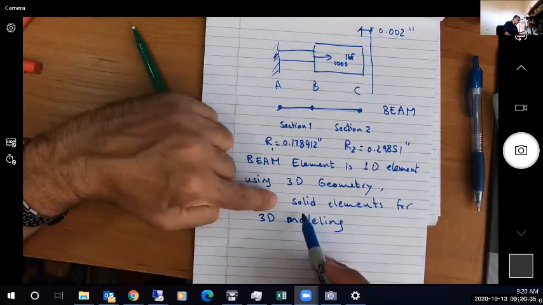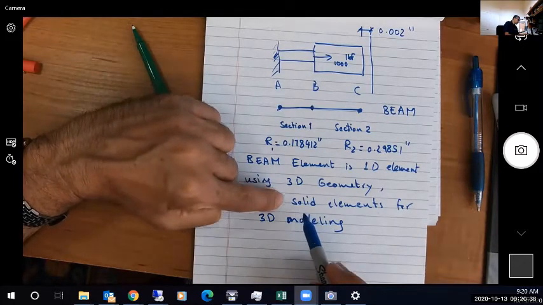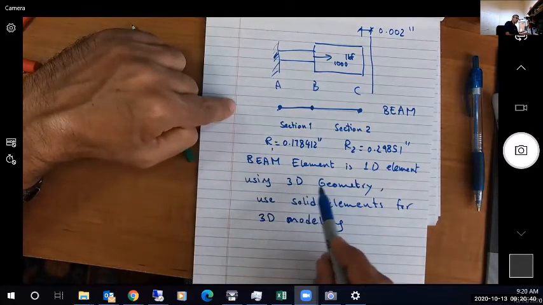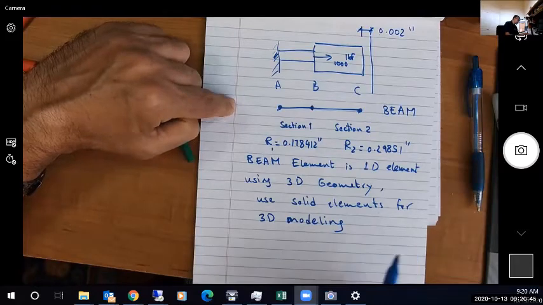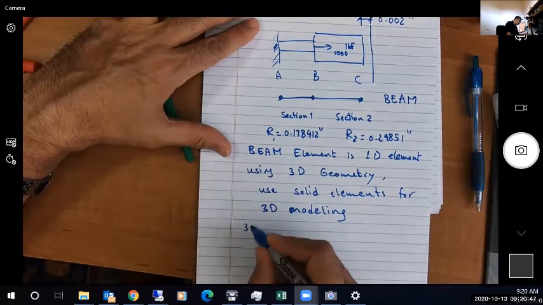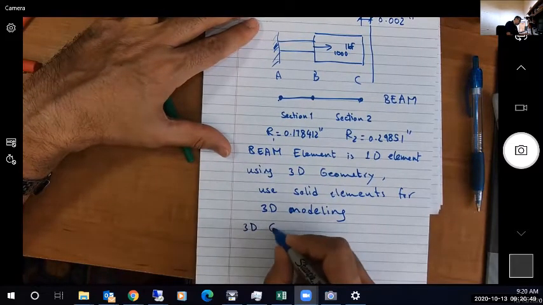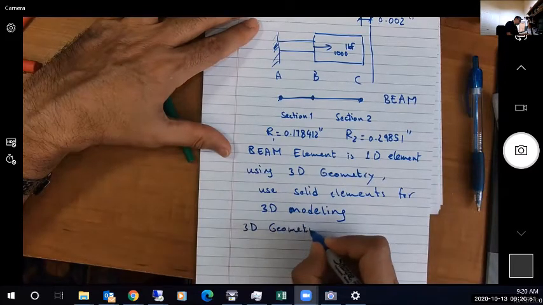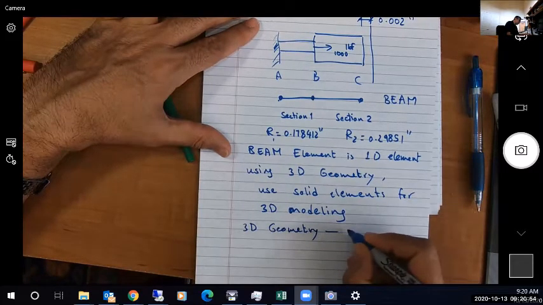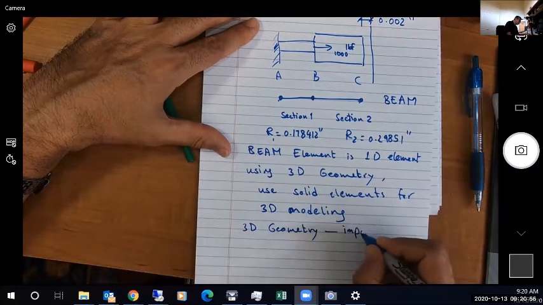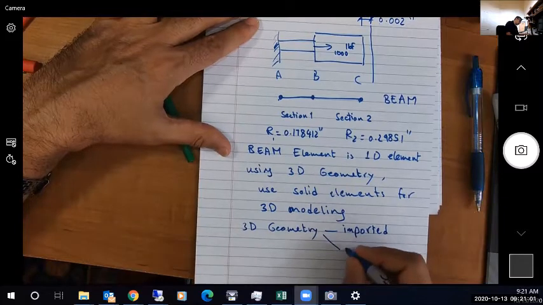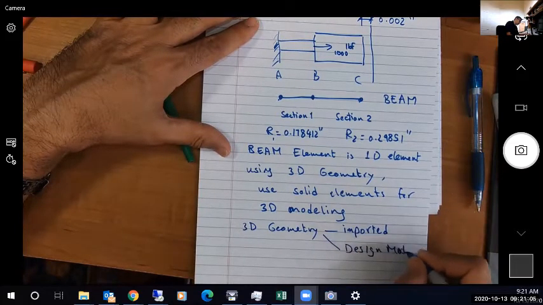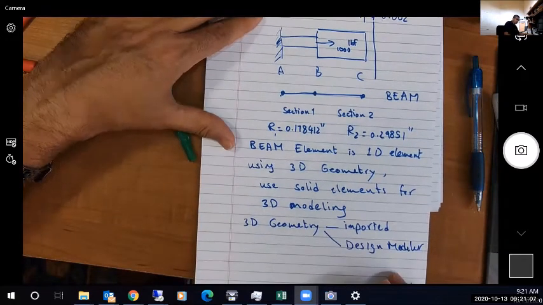So the first step when we use solid elements is to create a 3D geometry or 3D CAD. And our 3D geometry can, of course, be imported. But in this class, I would like to focus on using Design Modeler, so we're going to continue to use it.